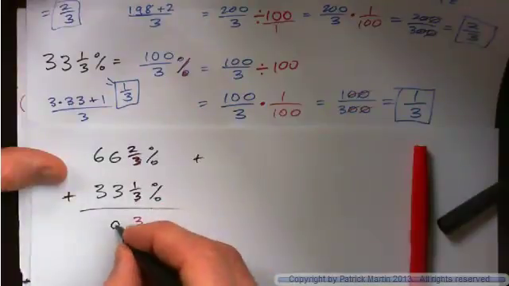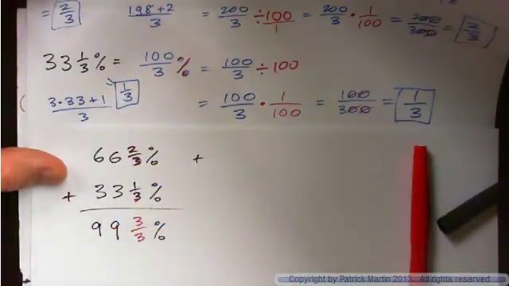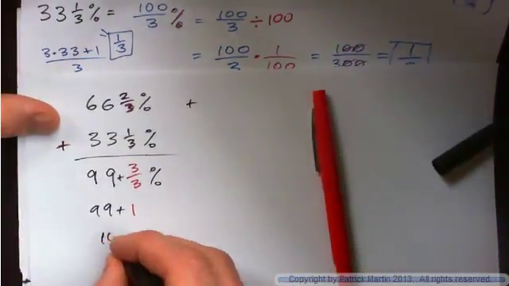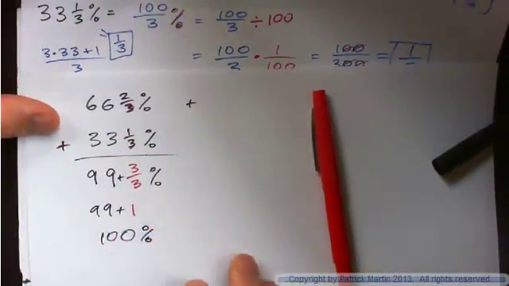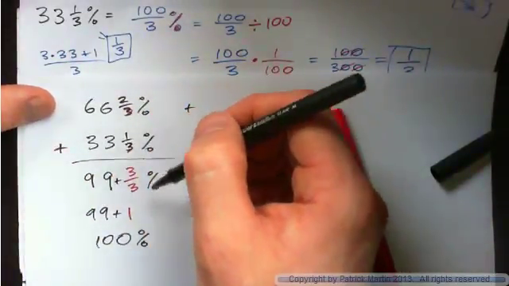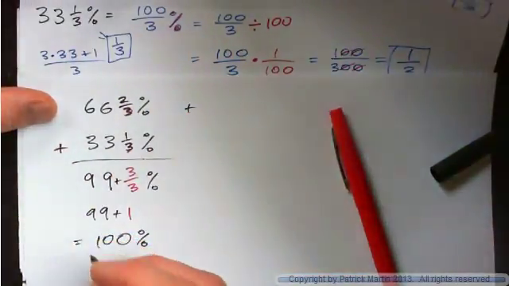And 6 and 3 is 9, and 6 and 3 is 9. So I have 99 and 3/3, or 99 plus 3/3, or 99 plus 1, right? That's 1, isn't it? Or 100%. So 66 and 2/3% plus 33 and 1/3% is equal to 100%.